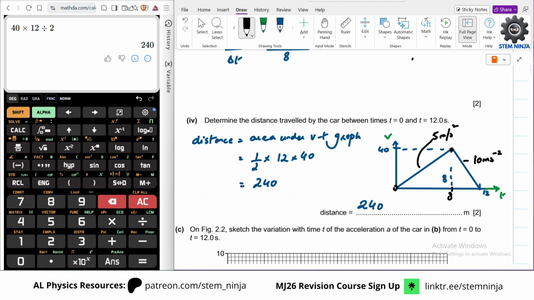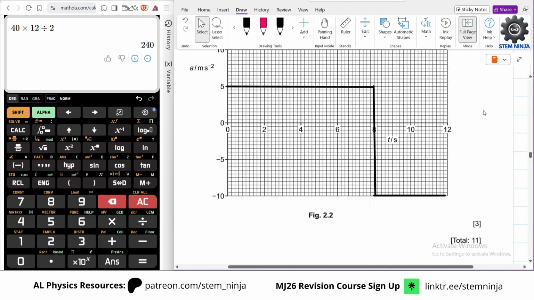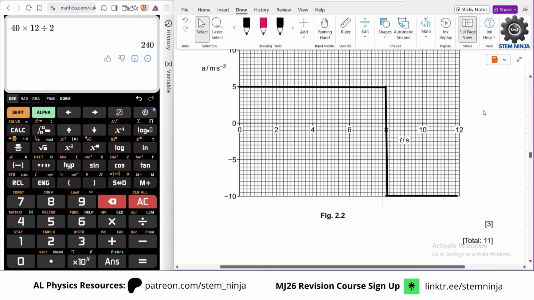You can see that 0 minus 40 divided by 12 minus 8, so 40 divided by 4 is 10, or minus 10. So from 0 to 8 it's 5, and from 8 to 12 it's minus 10. And that's your acceleration time graph. And that's this question. Alright, moving forward.